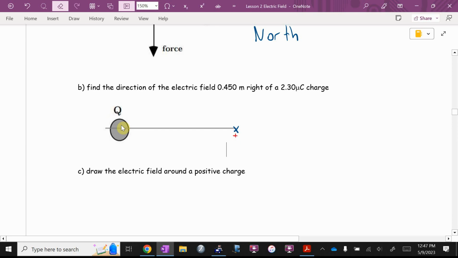Is the charge on big Q negative or positive? Aiden, see it? So everybody put a big plus sign there. Which way would a little positive at location X want to move if it could? Would it be attracted to the left or repelled to the right? What direction is the electric field? Same answer.